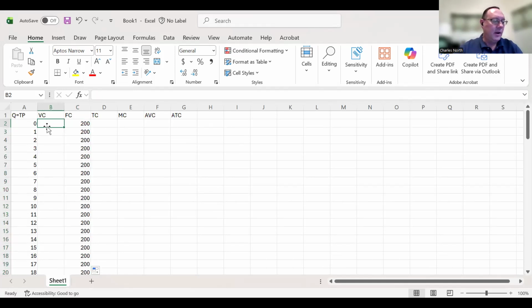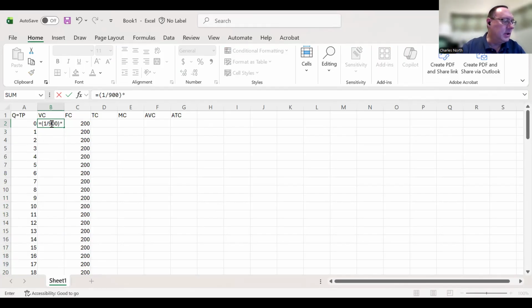So then we're going to do the variable cost, which we need a formula. And the Q is going to be over here in column A. So what we're going to do is have 1 over 900 times Q to the third. So Q is cell number A2. We're going to raise that to the third power.